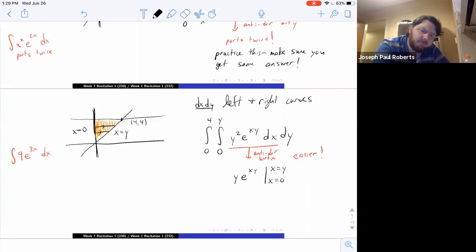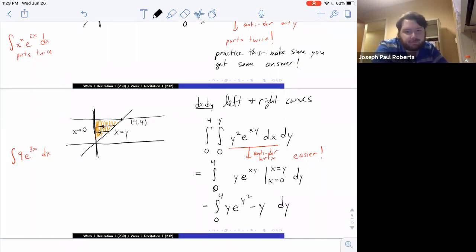And so I would get then the integral from 0 to 4 of y e to the y squared. And then be careful, if x is 0, we actually get that.